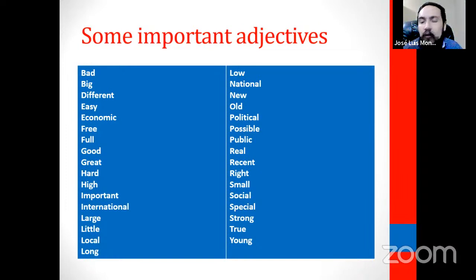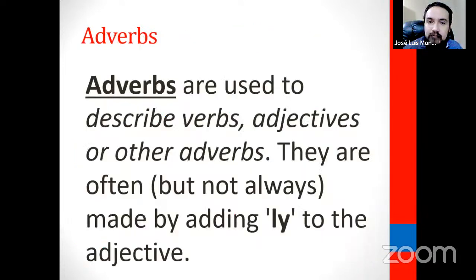So all of those, again, are adjectives. We can use them in the two ways that we mentioned, to describe nouns and pronouns, referring to people, to objects, to animals, to anything that can be described.